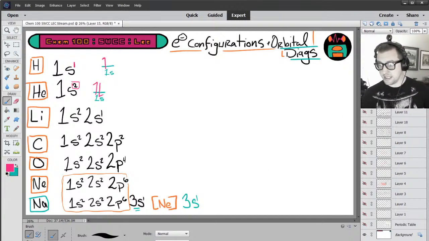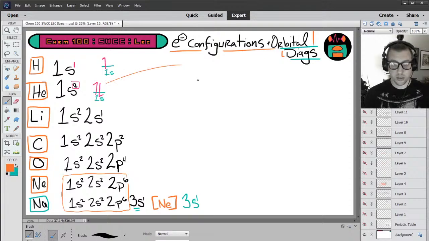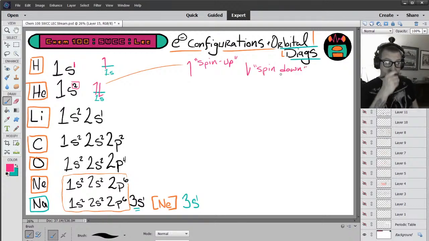Something you should notice is we say that one of the electrons is, this is called spin up, and the other electron is spin down. This is a phenomenon that we get from quantum mechanics.